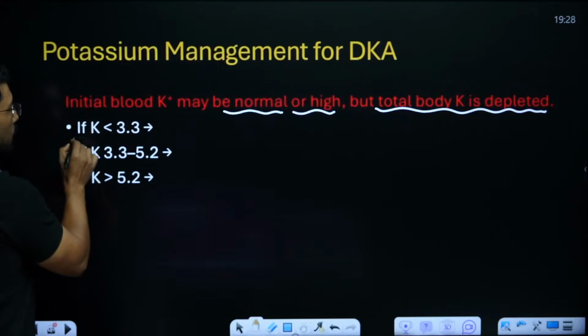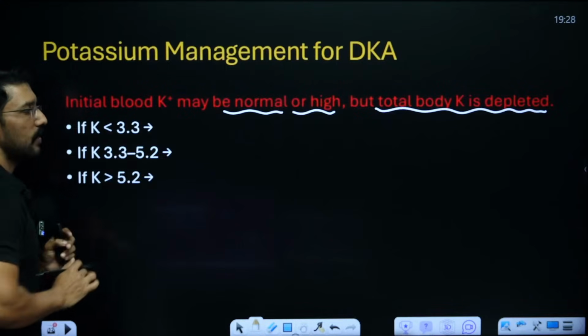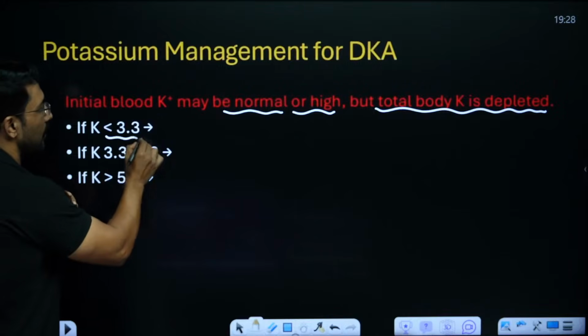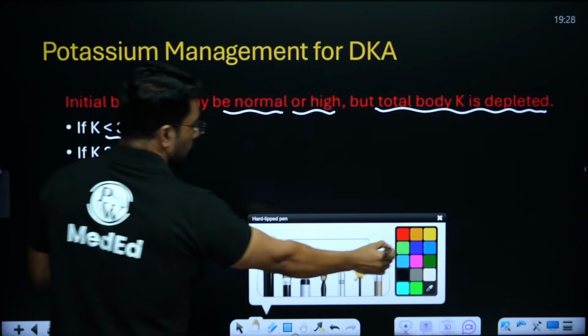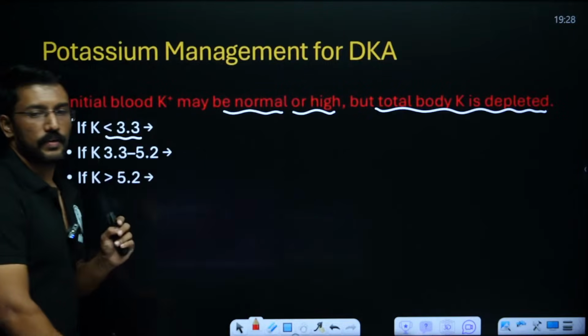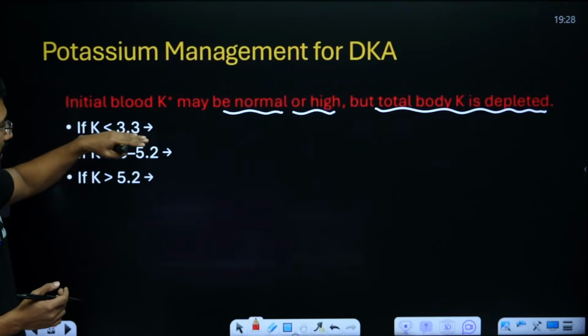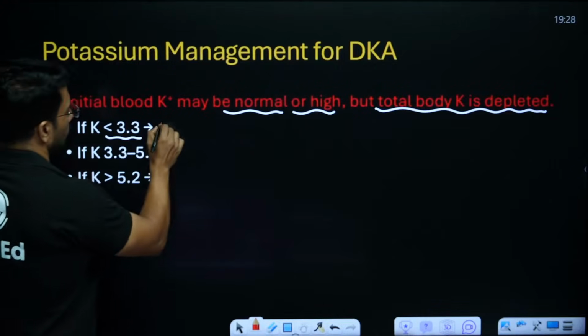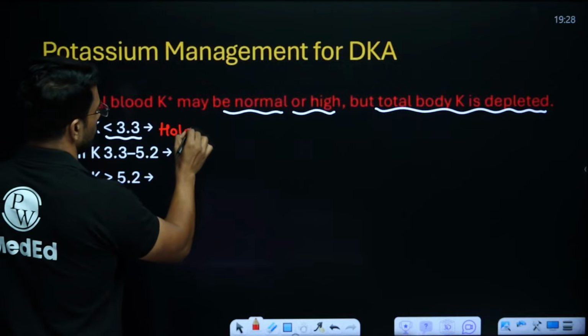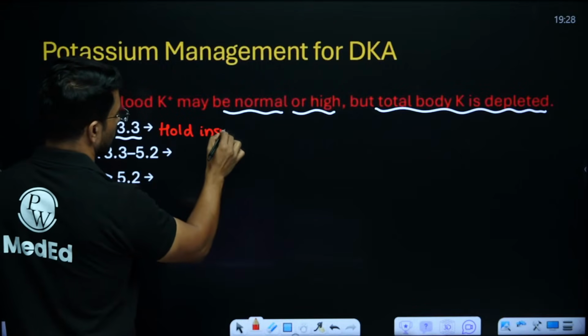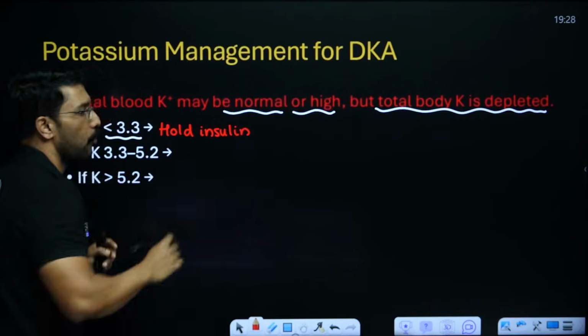So there are parameters to look at. If the serum potassium level is less than 3.3, should I give insulin to this patient? When the serum potassium is less than 3.3, hold insulin. Do not give insulin. Why? Because insulin worsens hypokalemia.